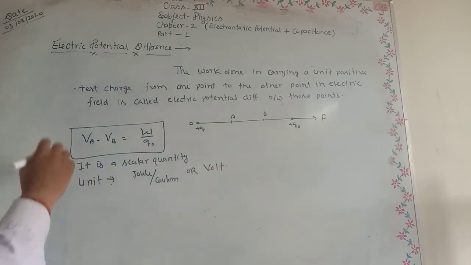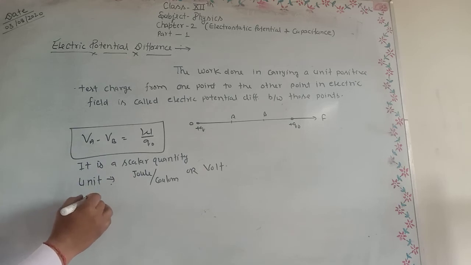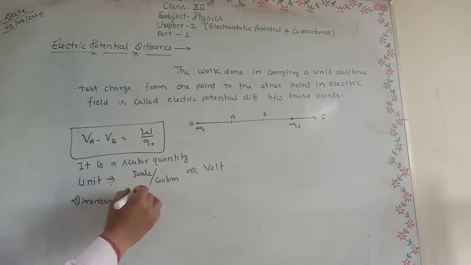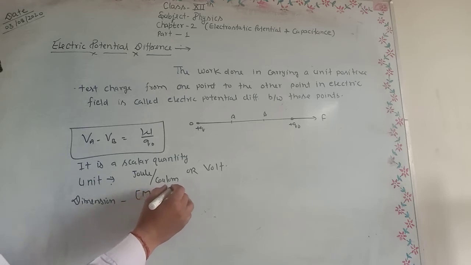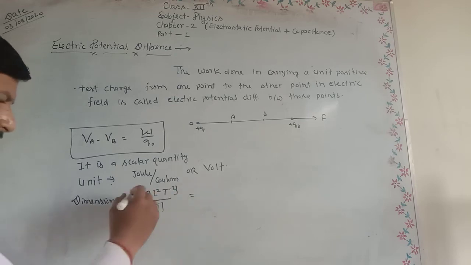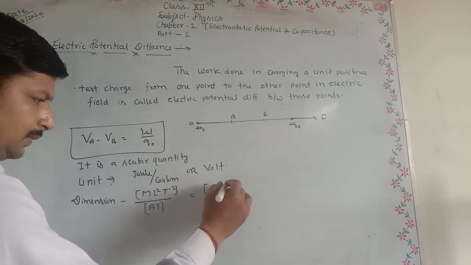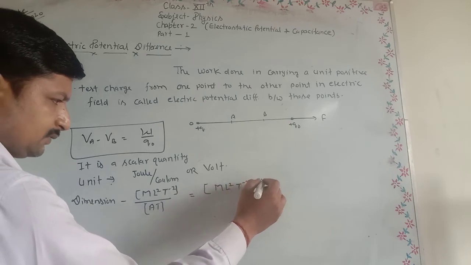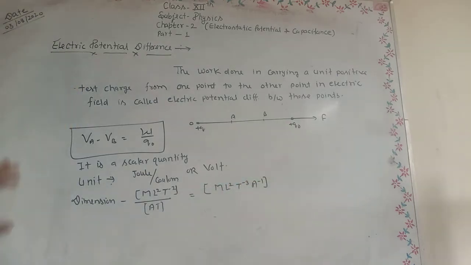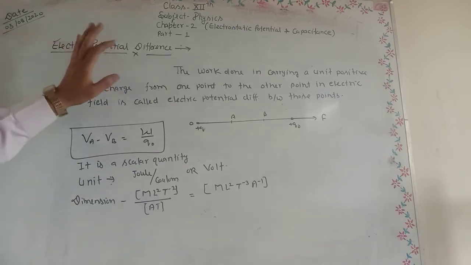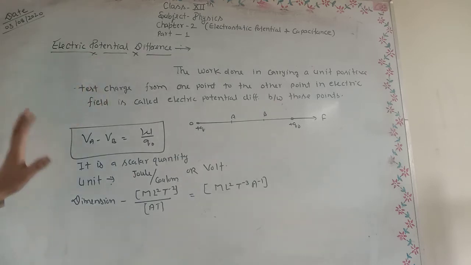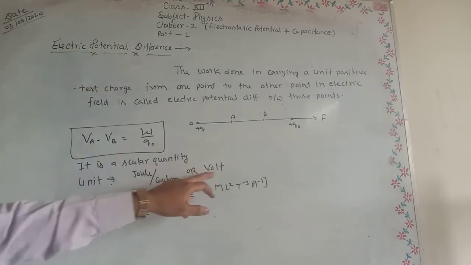The unit and the dimension will be the same, M L square T minus 2 upon A T, so M L square T minus 3 A minus 1. Okay students, the unit of electric potential difference or electric potential is the same, joule per coulomb or volt. The standard unit is the volt.